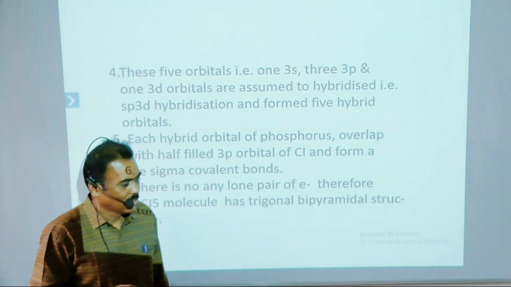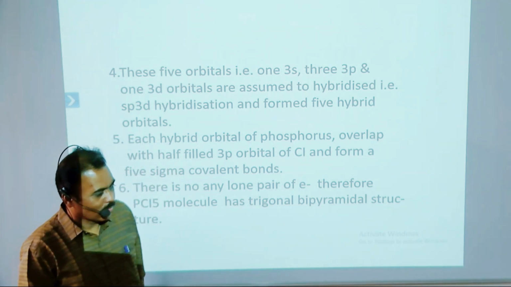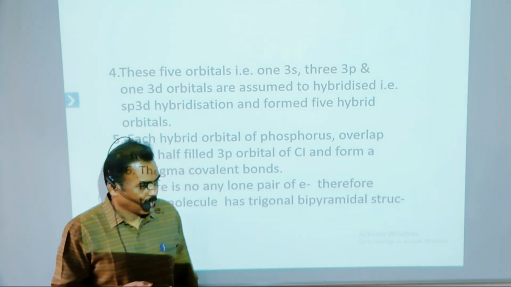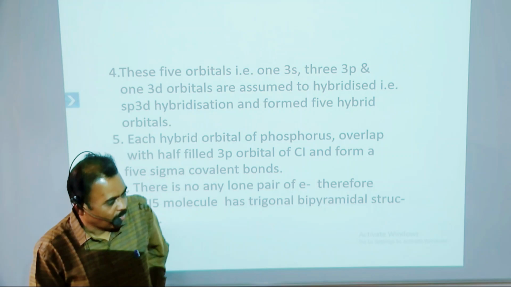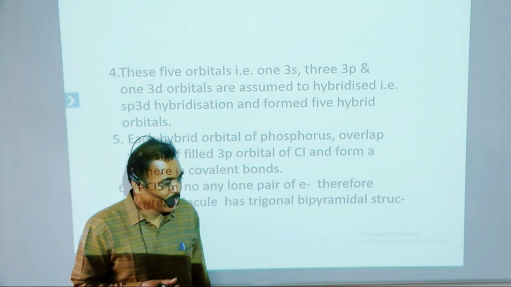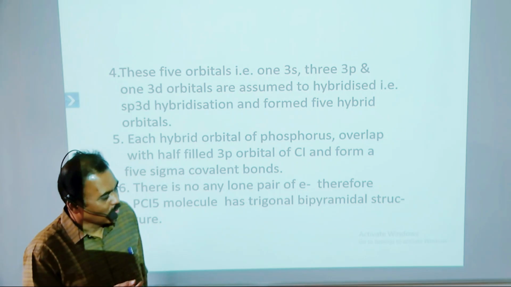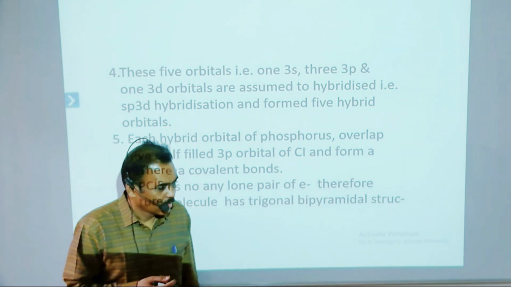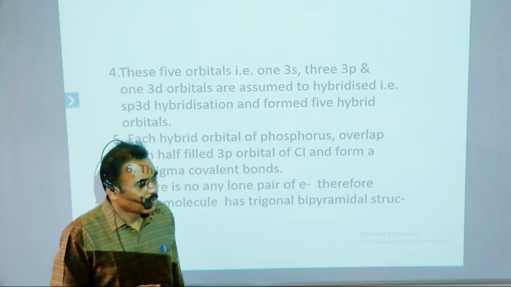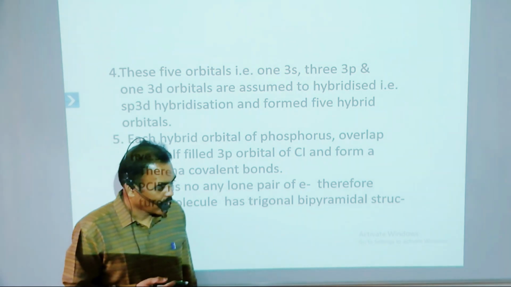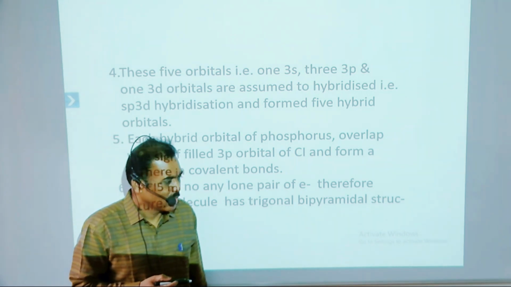So here, 5 sp3d orbitals which are half-filled overlap with the 5 half-filled p orbitals of chlorine, and it produces 5 covalent bonds, and those bonds are sigma covalent bonds.